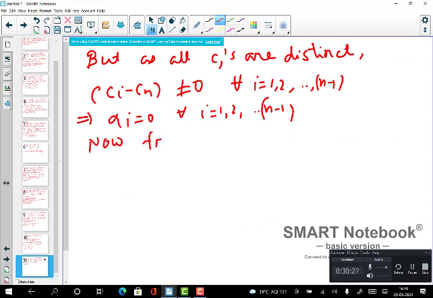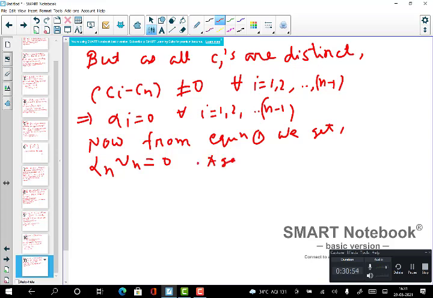From equation 1, what do we get? After substituting these values, we get that alpha n Vn equal to 0, right? But alpha n Vn equal to 0 means what? Vn cannot be 0, as Vn is an eigenvector corresponding to eigenvalue Cn.